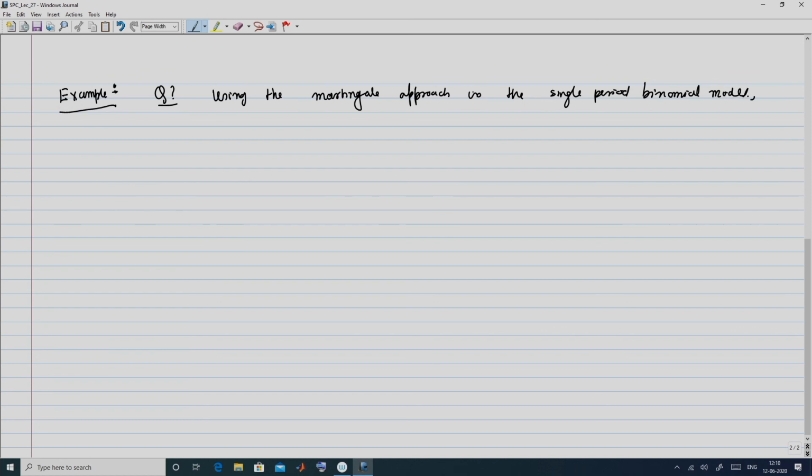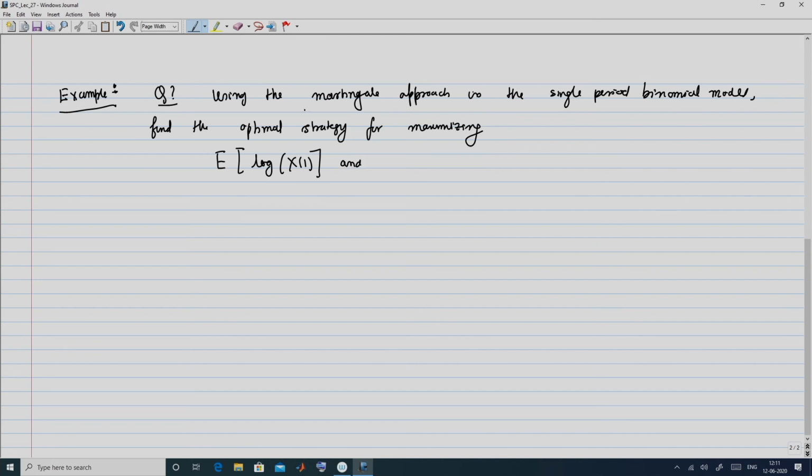So, let us now look at an example. The question is: using the Martingale approach, in the single period binomial model, find the optimal strategy for maximizing the expected value of log of x1, that is, for the log utility function.